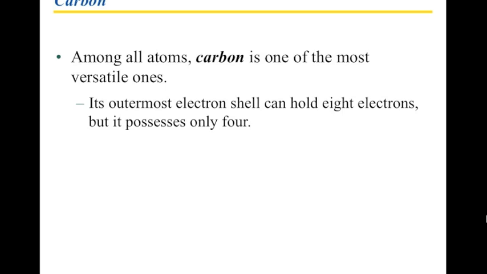When you look at the atom itself, it will have 2 electron shells, an inner shell which has 2 electrons on it. And why don't I just draw that for you so you can see. So here is the nucleus of the carbon, and in the nucleus are 6 protons and 6 neutrons.